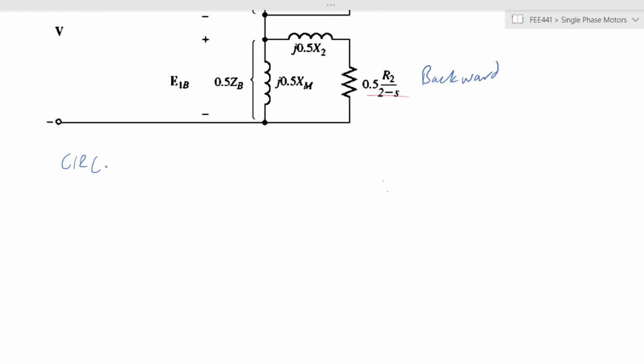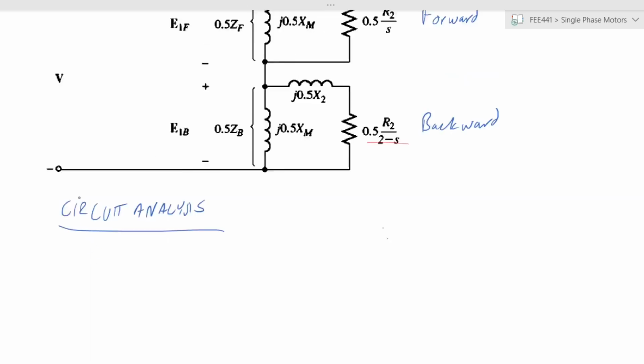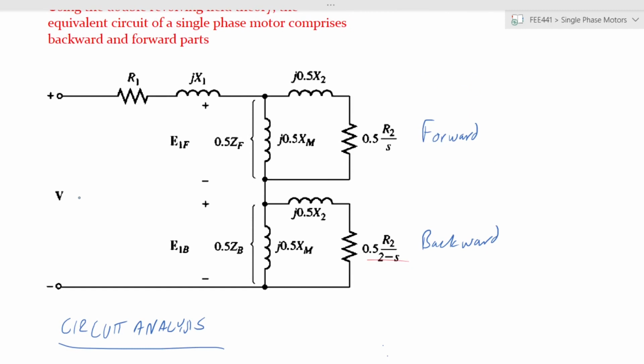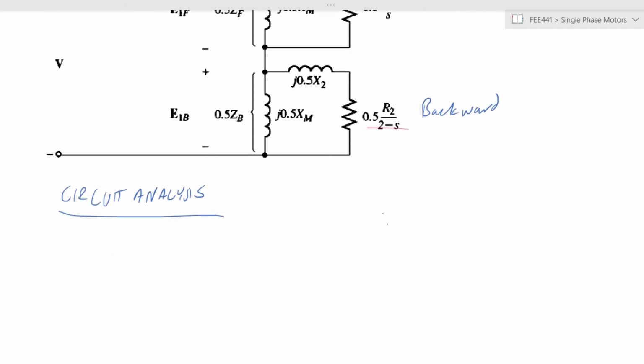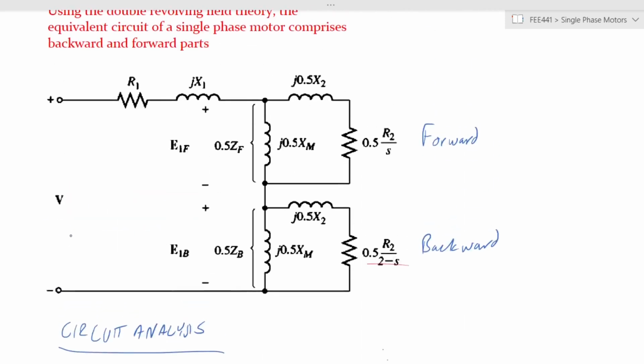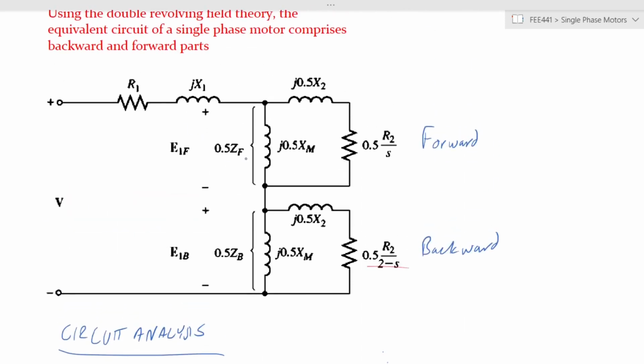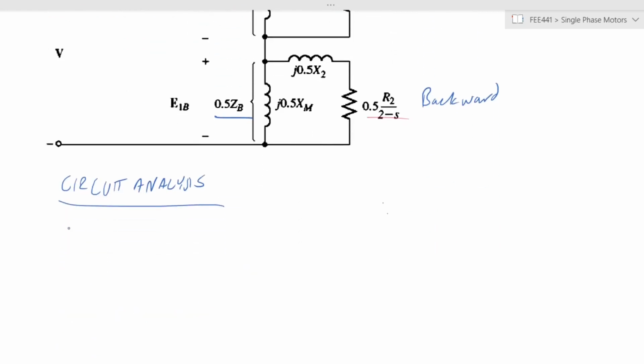So, let's talk of the circuit analysis. The values of the impedances, which are indicated here and here, can be represented as follows.